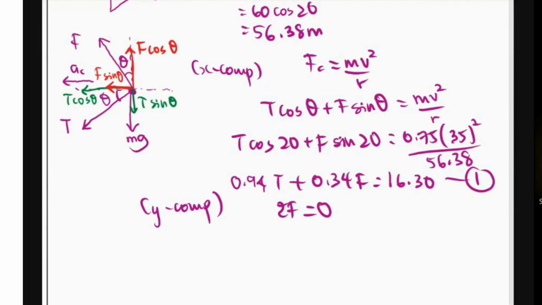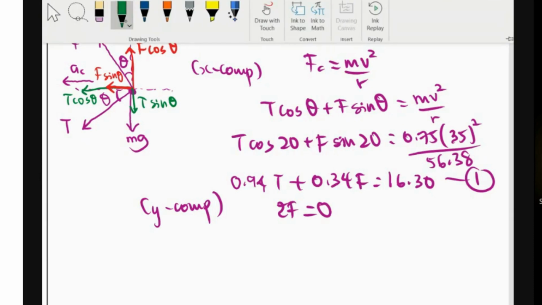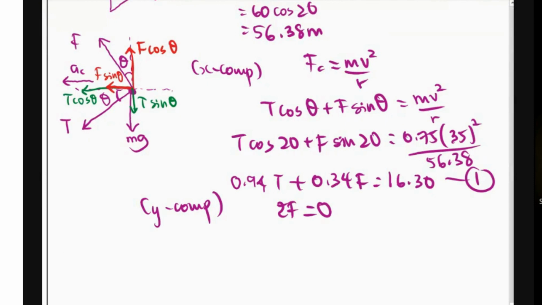And then the third force is the weight, which is pointing downward. So there are 3 forces: 2 forces downward, another force upward. Therefore, F cos theta is T sine theta plus mg. Why? Because opposite forces are equal in magnitude. So upward force is equal to downward force, so you have to add up the downward forces. T sine theta and mg are downward forces.